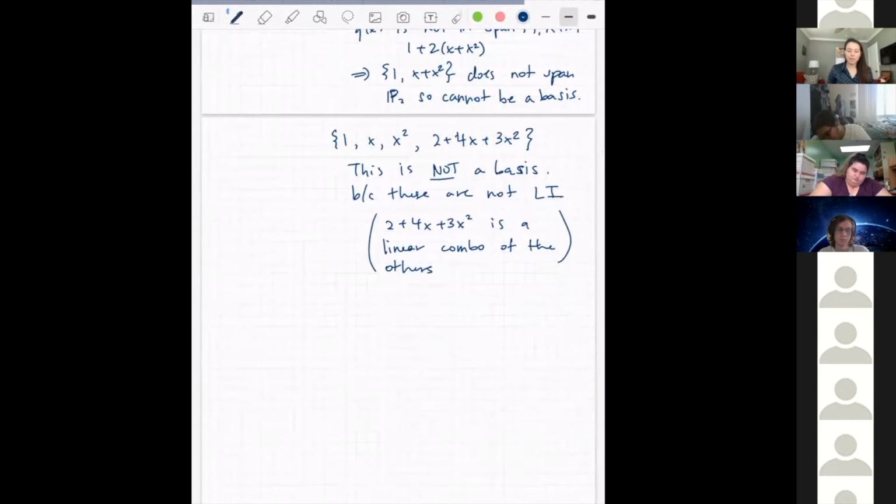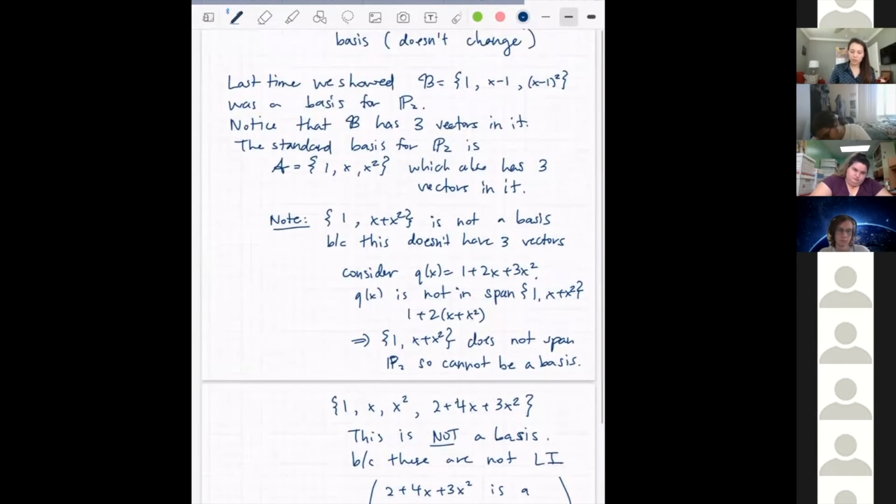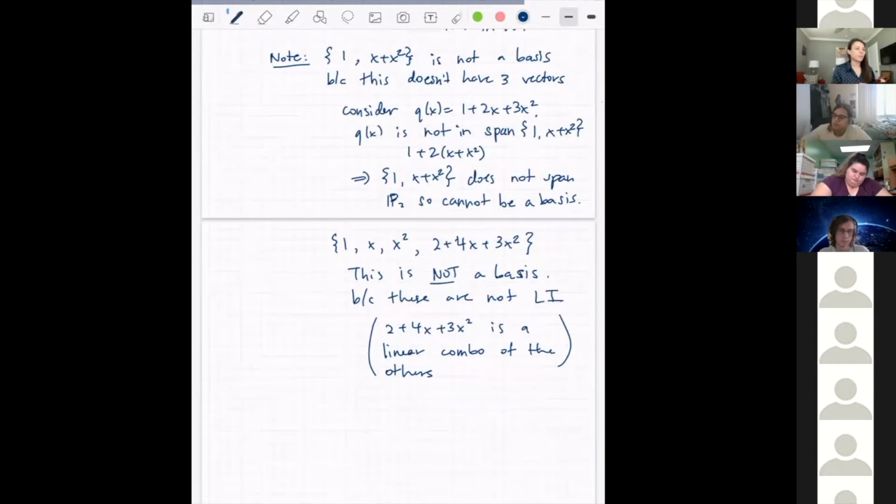Okay. So for P2, we have 2 examples of a basis and 2 examples of things that are not a basis. Okay, cool.